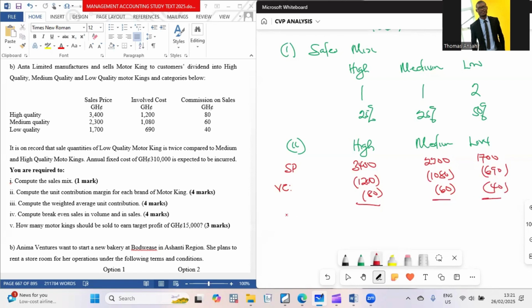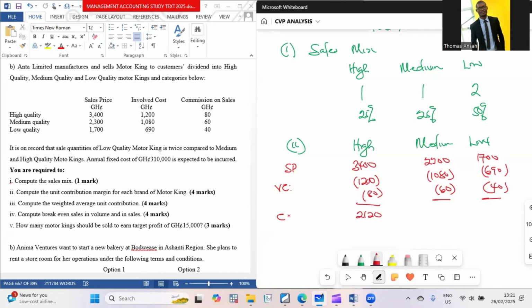So what is the contribution now? 3,400 minus 1,280 gives me 2,120.